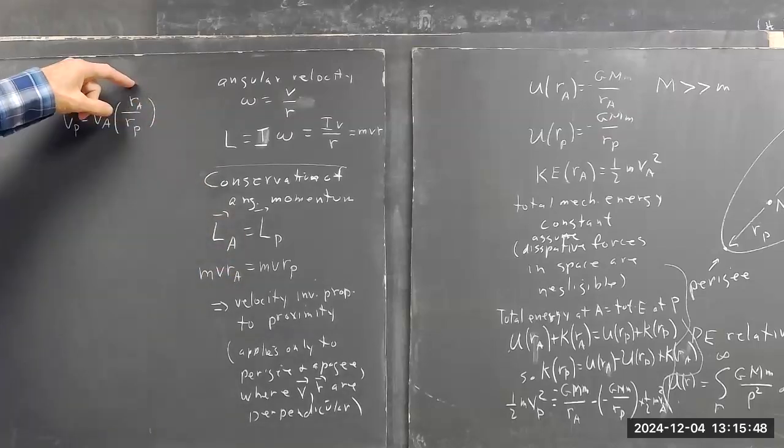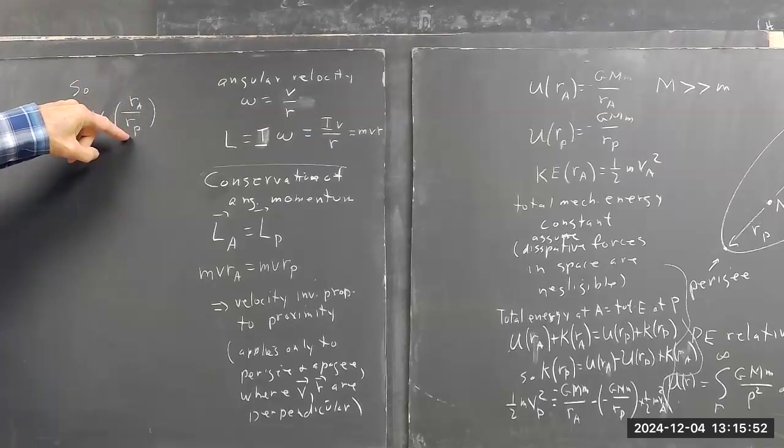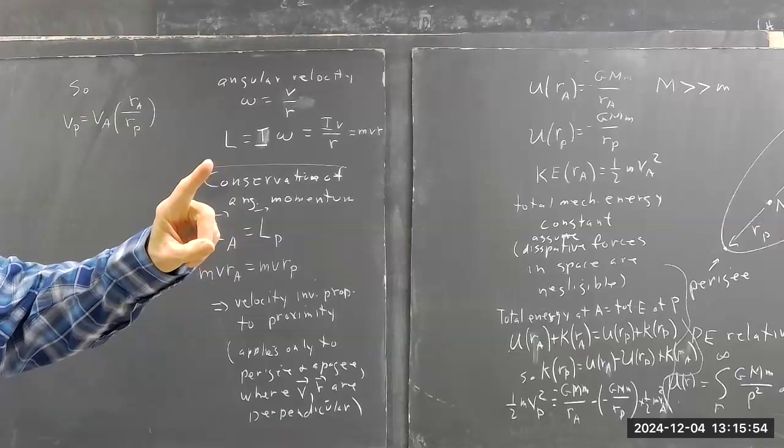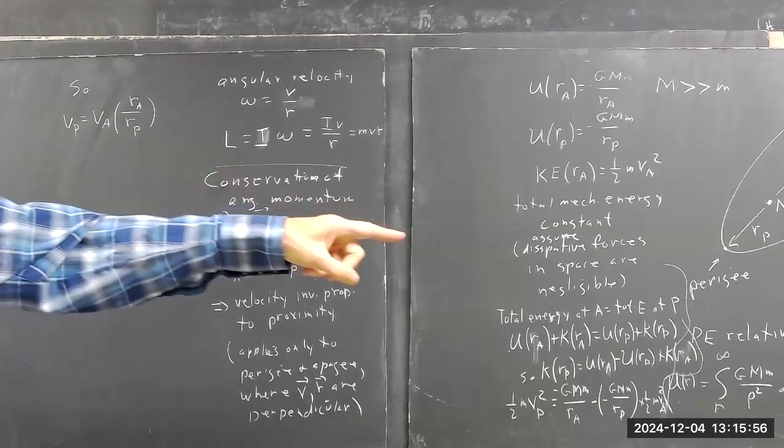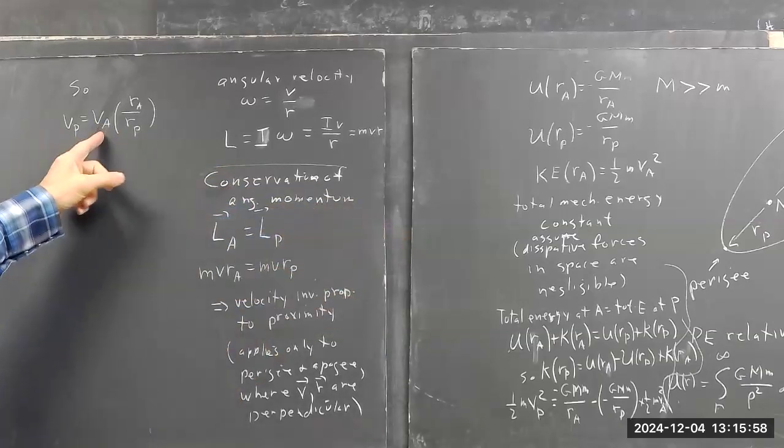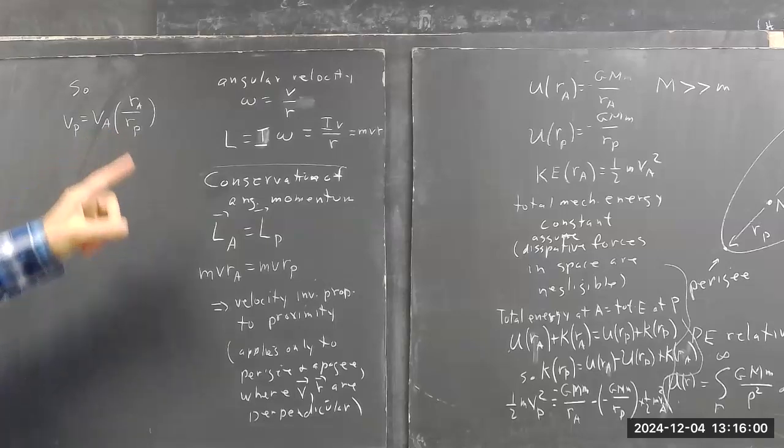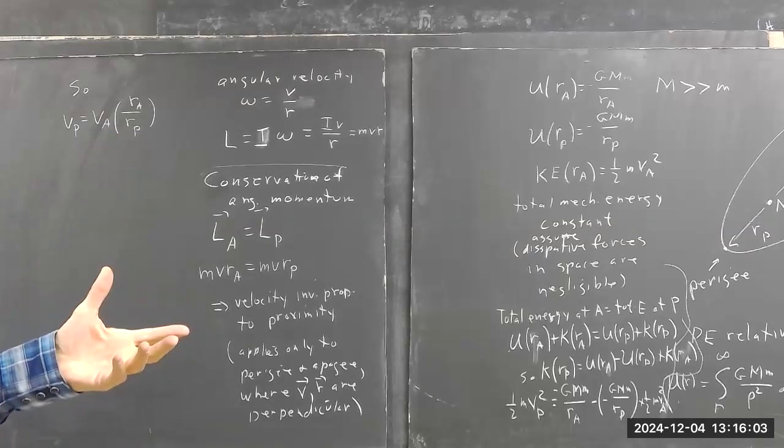In this case, r_A is the apogee, so r_A over r_P is going to be greater than 1. So velocity at the perigee is going to be greater than the velocity at the apogee. Make sense?